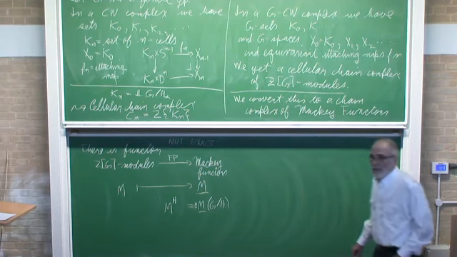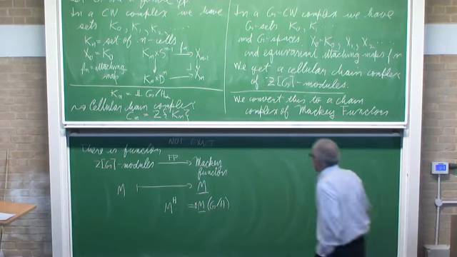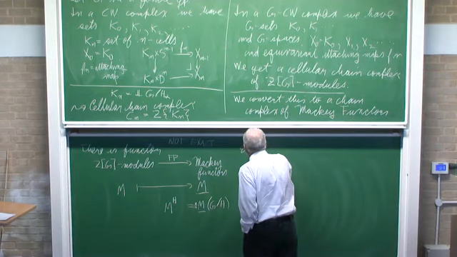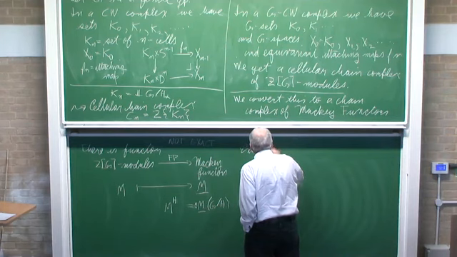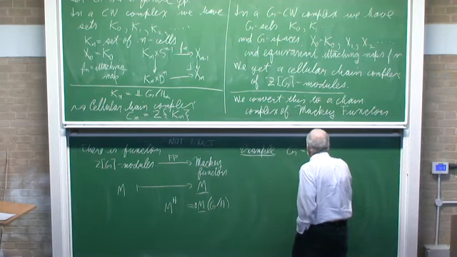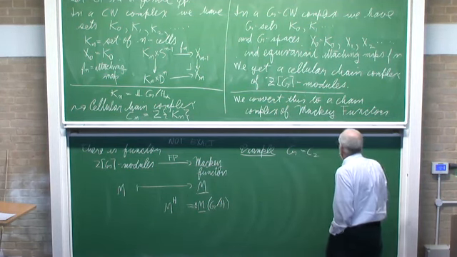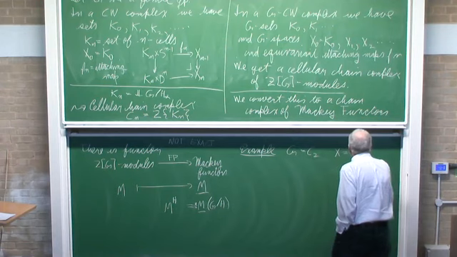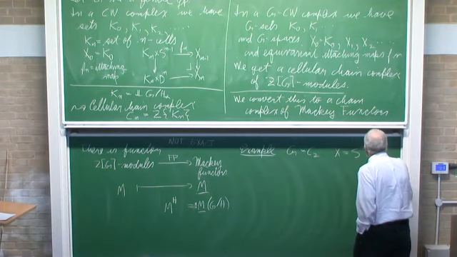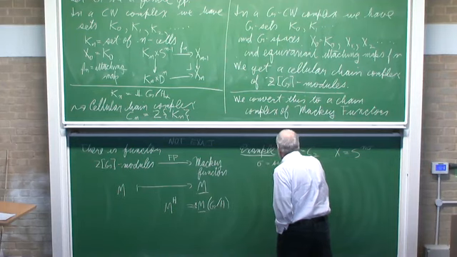So now I want to work this out for a very specific example. The group is C2, and the space that I'm interested in is S^{nσ}. Sigma here stands for the sign representation.